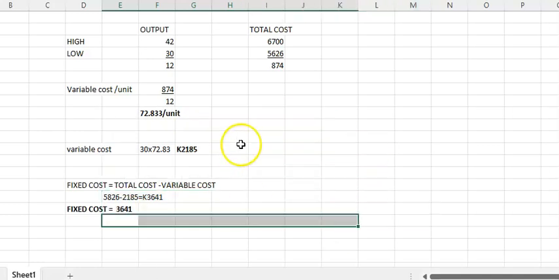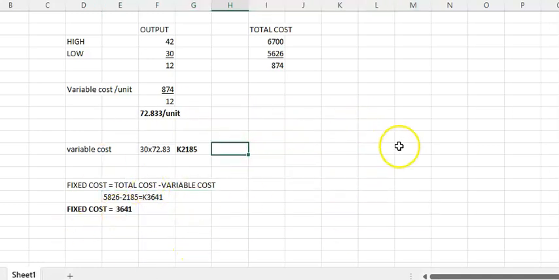So even if the other person picks 42, you should find the same fixed cost.